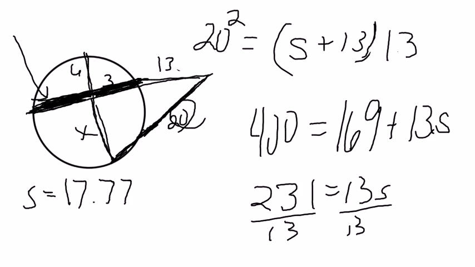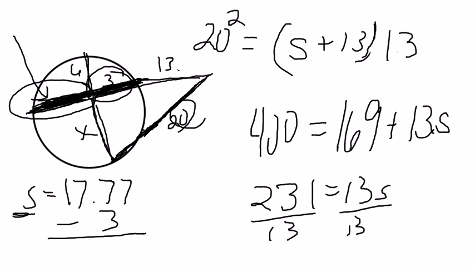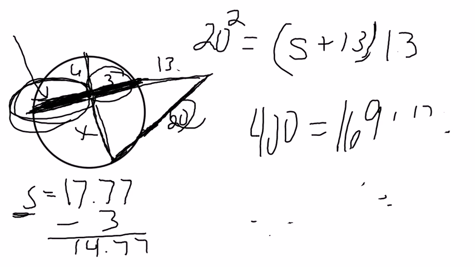Now, if I'm doing this on a calculator, I might just keep that number in the calculator because I have to subtract 3 to get this length, right? I want this here, and I have 3. So I know the whole length is 17.77, and so I want to get this one. So it's 3 less than whatever that length is. So I get 14.77.